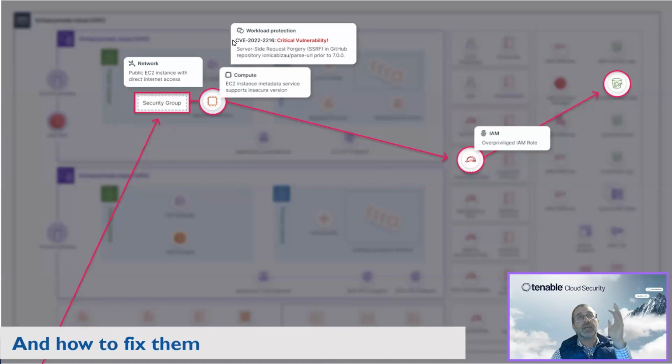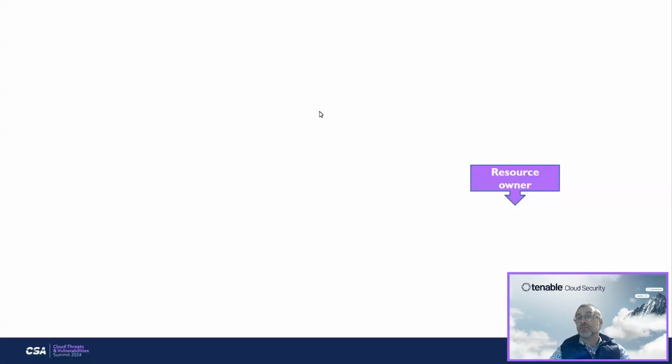Because if I have the same critical vulnerability on another machine that is not exposed to the internet or not linked to a privileged service account, yes, it's an important issue. It might be a compliance violation, but it poses less risk to your environment and therefore should be prioritized lower than this highly critical toxic combination.